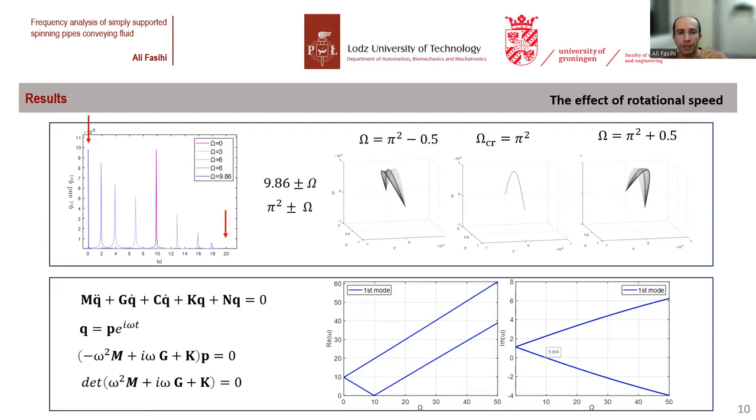Frequency analysis shows that due to the presence of damping, the natural frequencies of the system have complex form. The real part of them denotes the natural frequency itself, and the imaginary part is proportional to the damping.